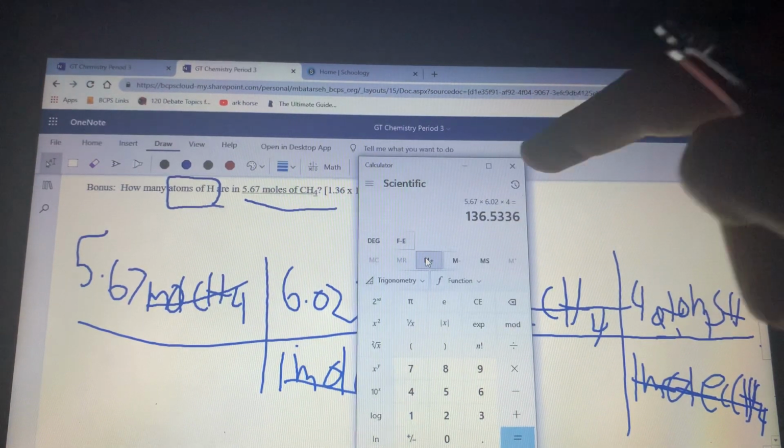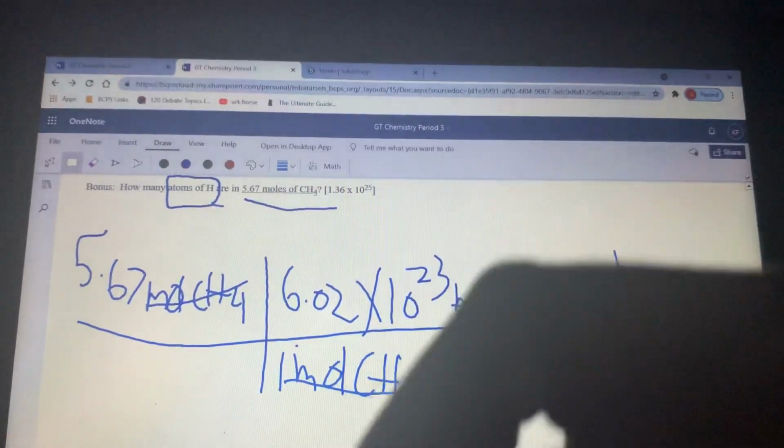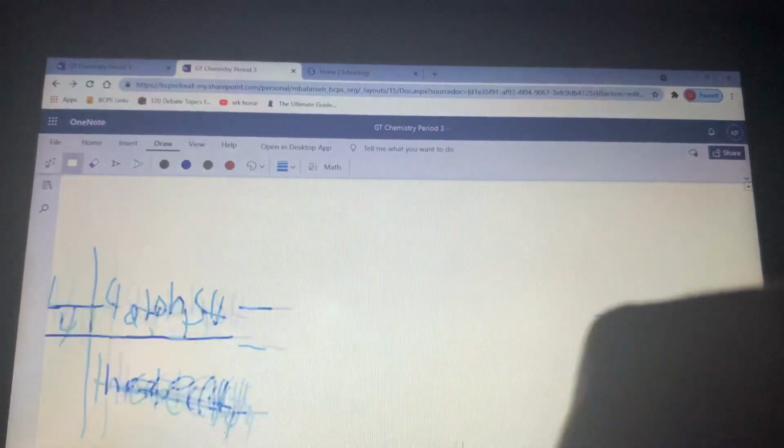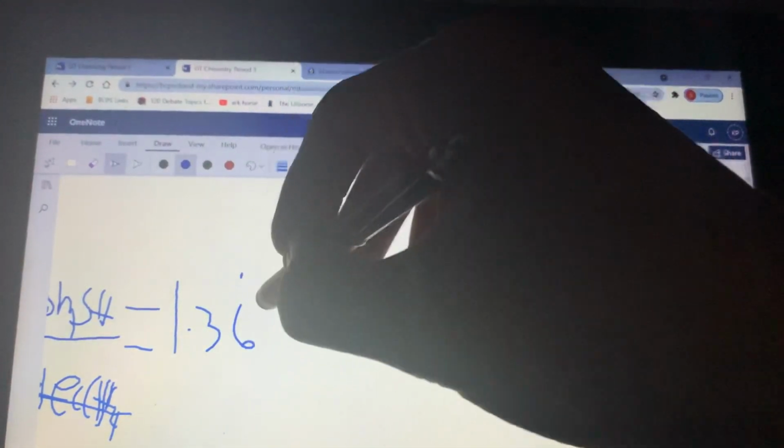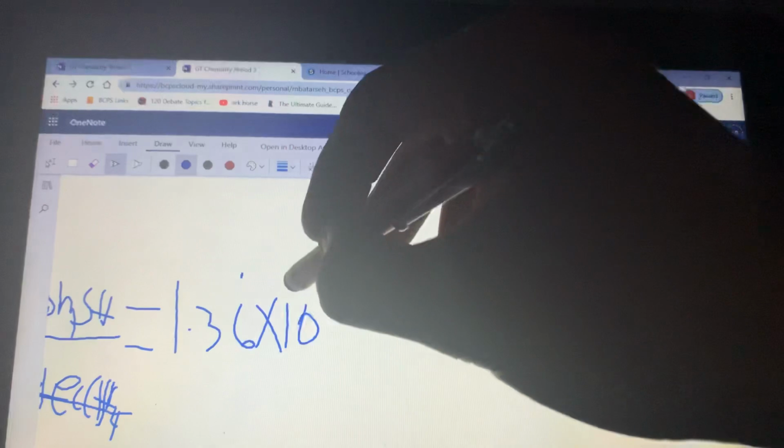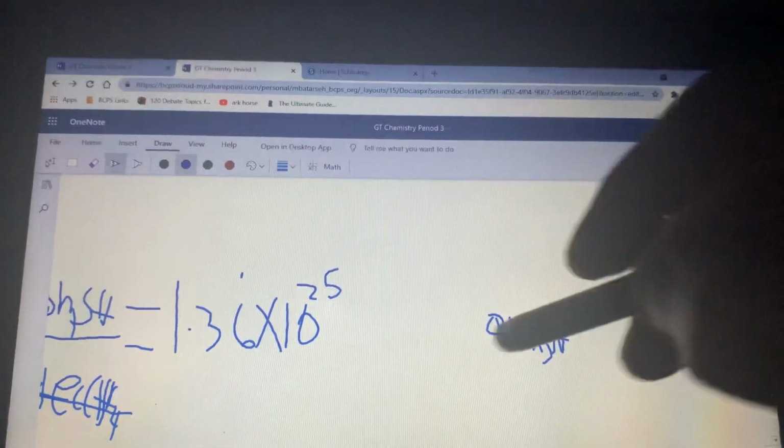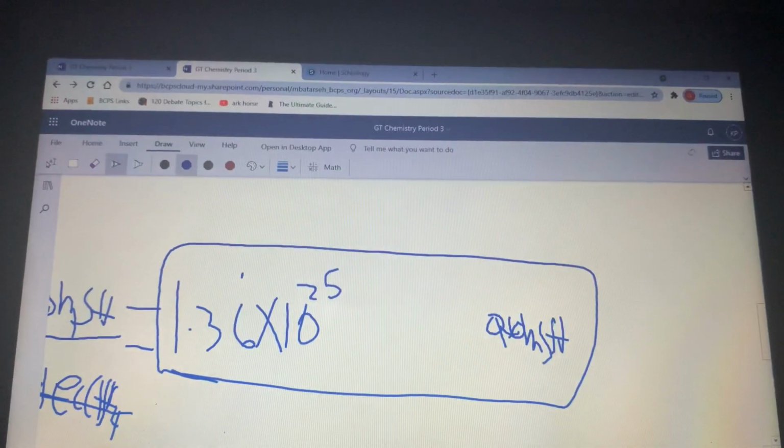So our final answer is going to be 1.36 times 10 to the 25th power atoms of hydrogen.